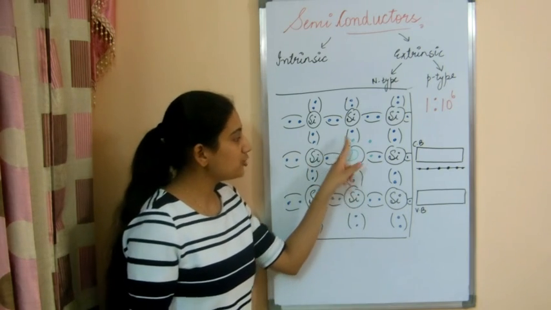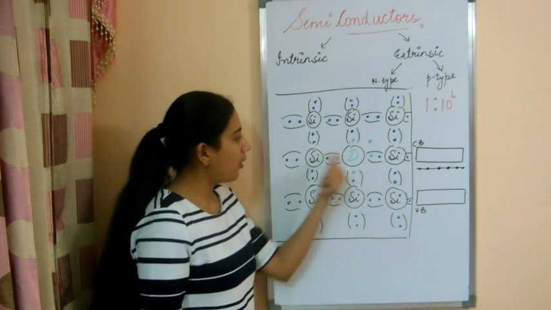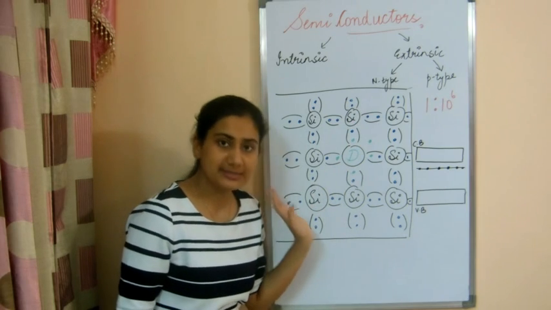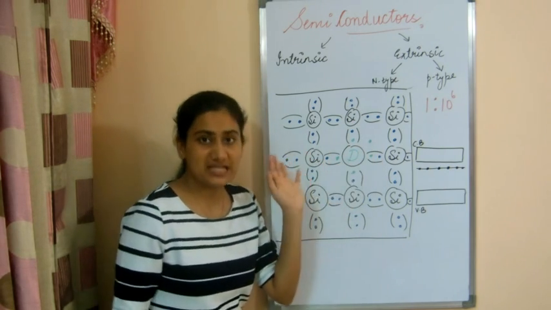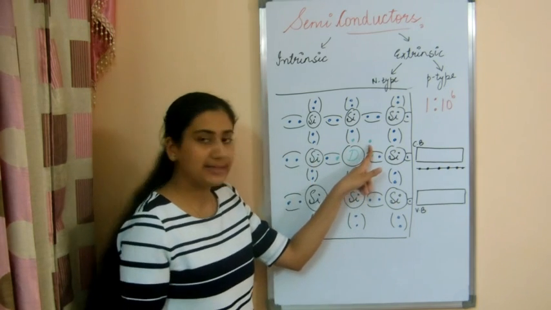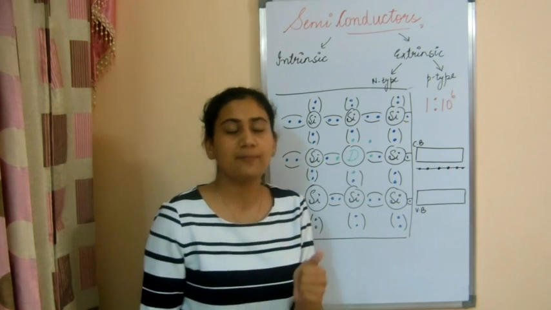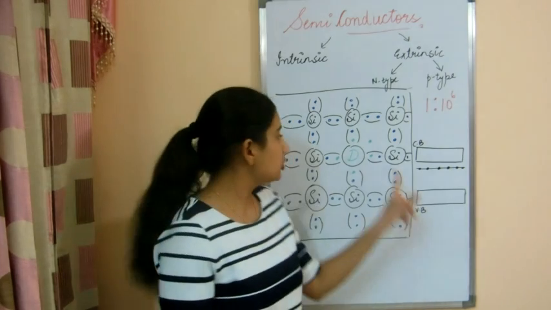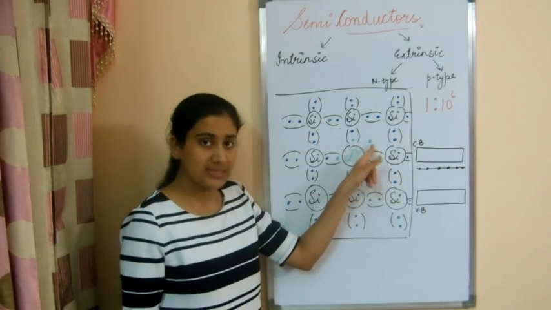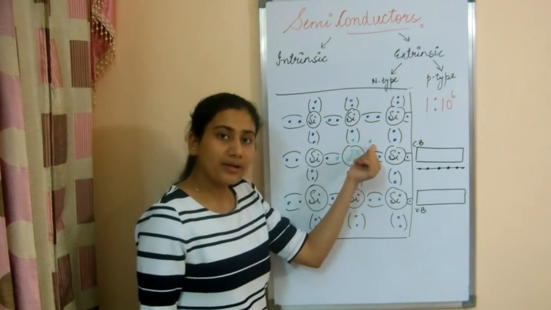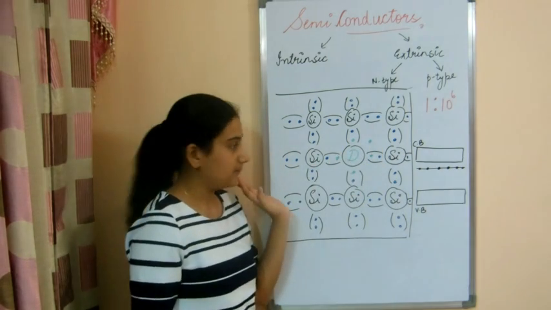Now 4 electrons of this also forms the bond as silicon made in intrinsic semiconductors. But we have seen that it has 5 valence electrons. That means 1 electron is not going to take place in any of the bond. So that means this is free to move. This valence electron has no bond in this crystal.